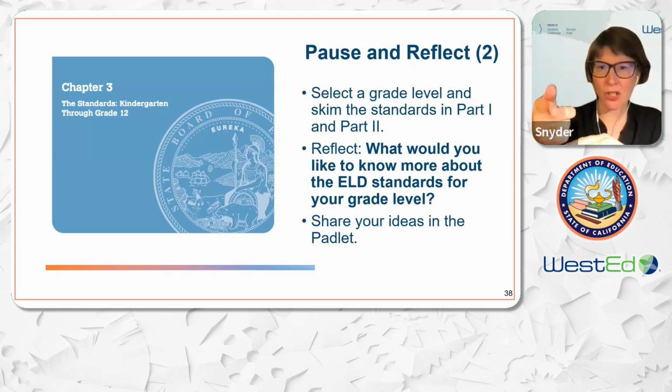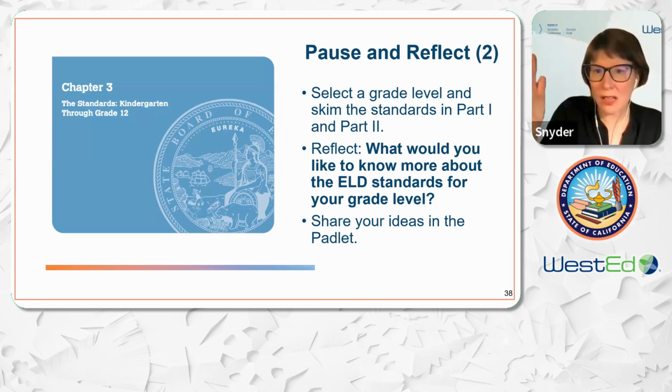How does that map onto, let's say I'm teaching grade 6, I'm looking at 6 through 8, and I'm asking myself, what does differentiated levels of support across the proficiency levels look like for that grade? So that's such an important point.